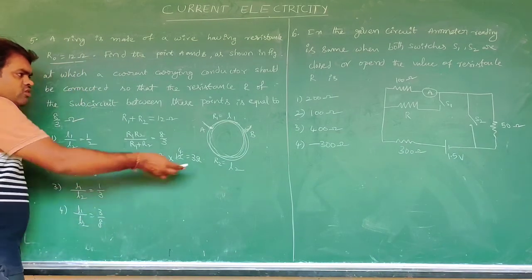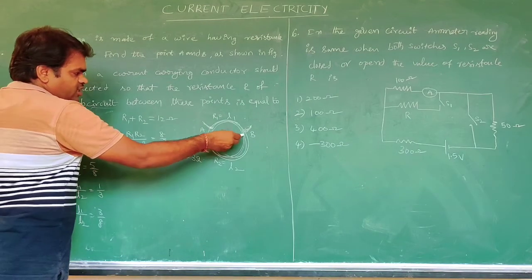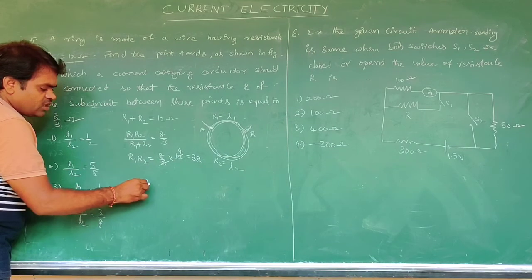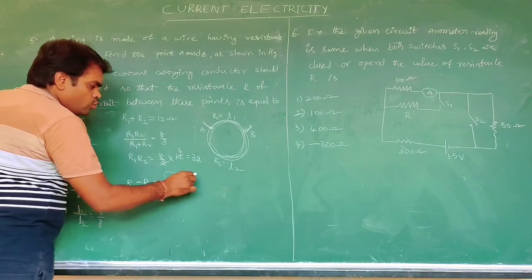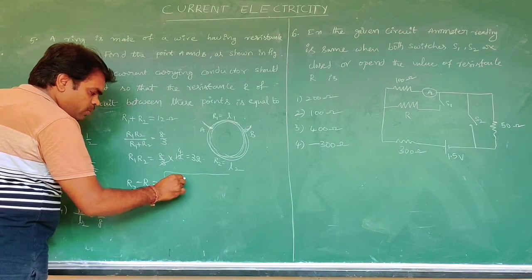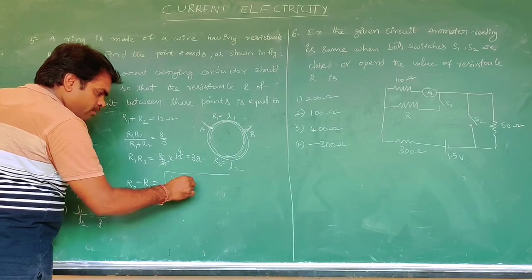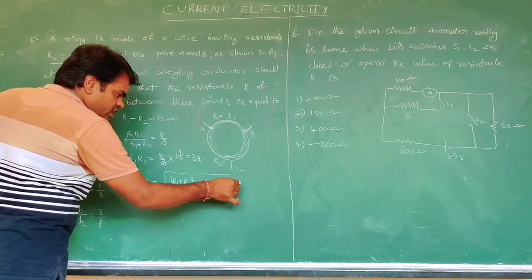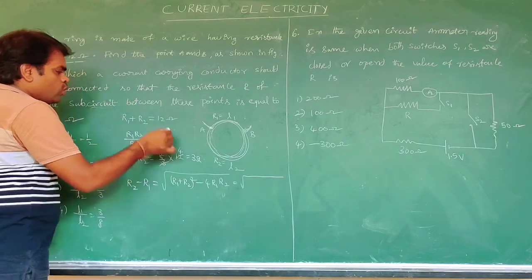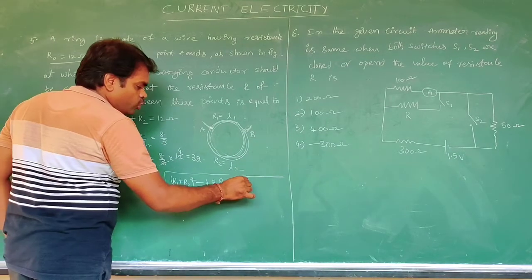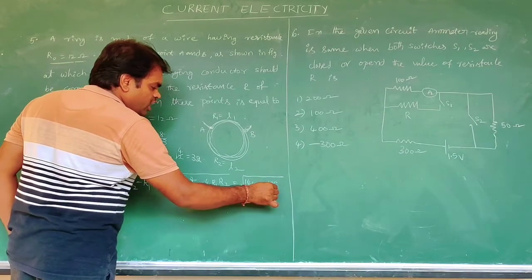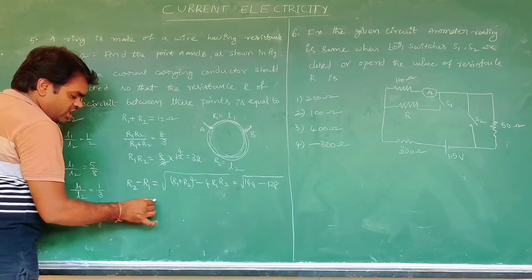Now, which one is the larger side? This is. That's why we write R2 minus R1 is equal to square root of the formula, R1 plus R2 whole square minus 4 R1 R2. Then substitute 12 square 144 minus 4 into 32, 128. Then what we got here?